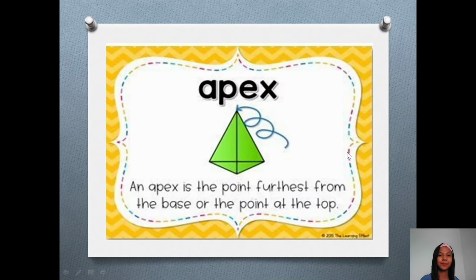And I want to introduce to you this one, apex. Everybody say apex. An apex is the point furthest from the base, or the point at the top. The base is like a floor, this one down here. From the base to the furthest or highest point is the apex.